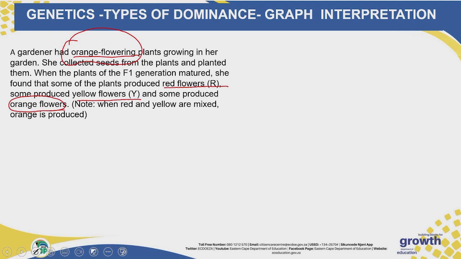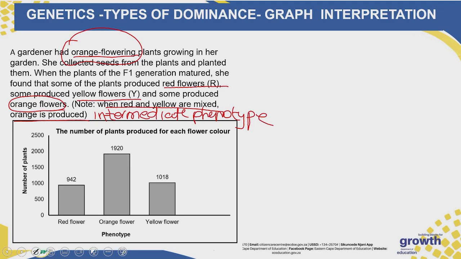Now it says when red and yellow are mixed, orange is produced. So what does that mean? It means that orange is the intermediate phenotype between the red and the yellow that are crossed together. So let's proceed with the rest of the question.